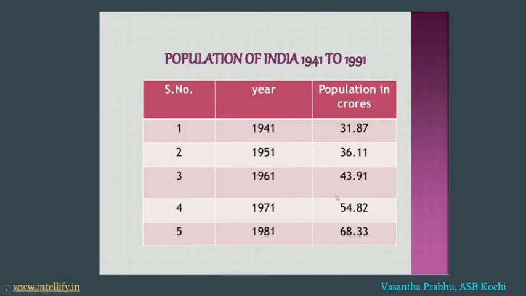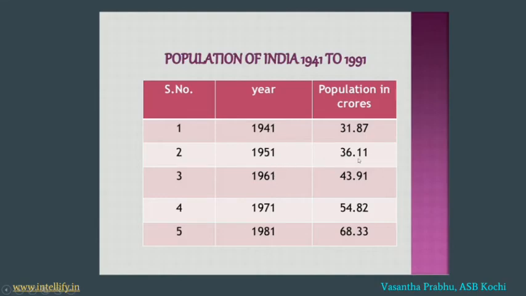This is the population of India from 1941 to 1991. So it is purely based on time. This is the time they have mentioned, and so we have the population values. In 1941, the population is 31 crore.